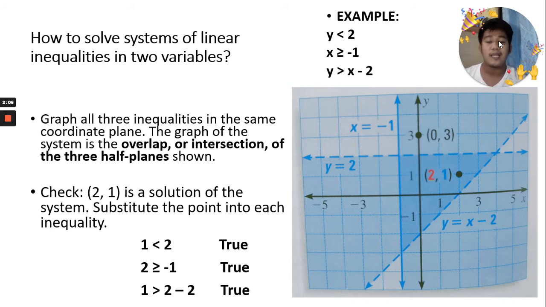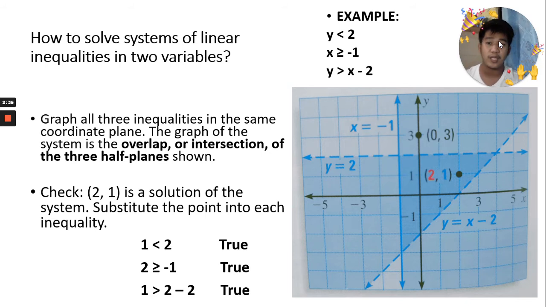So that is the solution of a system of linear inequalities, a point or an ordered pair that will satisfy all three of them. Okay, if only two are satisfied by the given coordinates or point, then it is not a solution. It is required that a solution, a point, or the coordinates must satisfy all three of them.